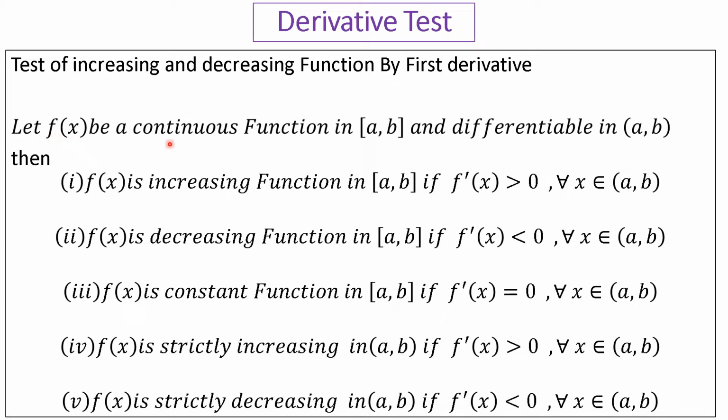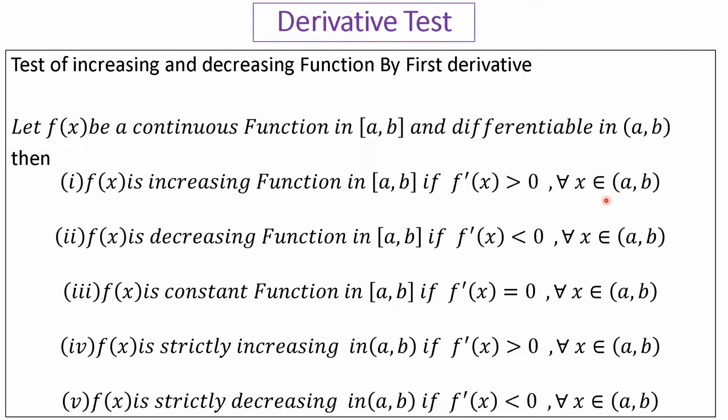Let f of x be a continuous function in the closed interval [a, b] and differentiable in the open interval (a, b), then f of x is said to be increasing in the closed interval [a, b] if it satisfies the condition f dash of x is greater than 0 for all x belongs to the interval (a, b).